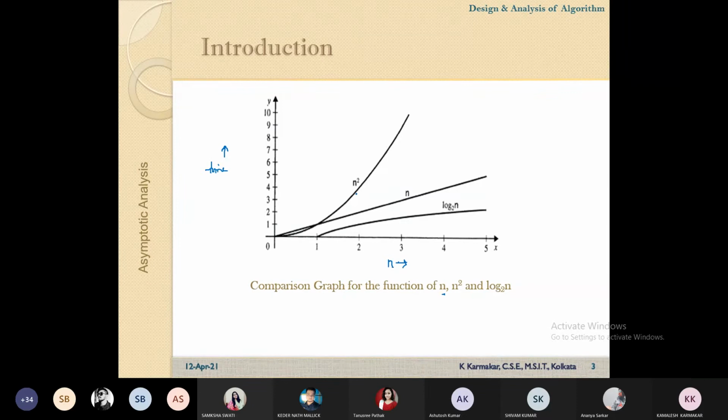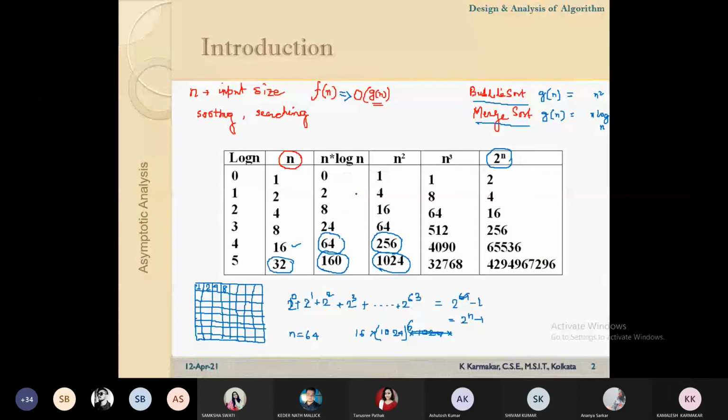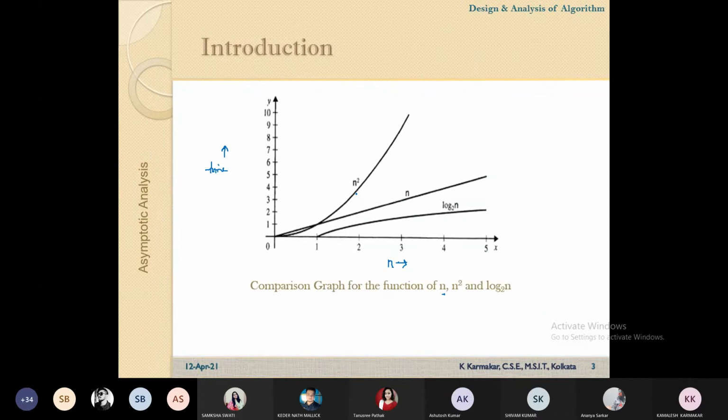So for different values of n, as we have discussed in the previous slide, it will change in this way.